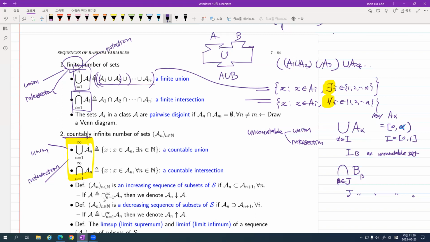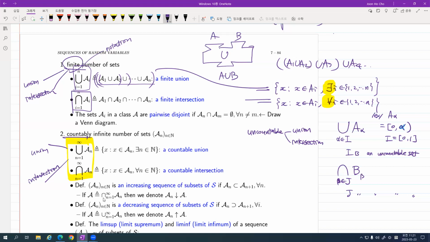Then let me ask you a question. What is this uncountably infinite union? You take alpha equal to 0, that is the empty set, or you take some small positive epsilon, then what do you have? A sub alpha is the interval from 0 to 1 minus alpha, excluding the endpoint. Now you increase alpha. What happens?